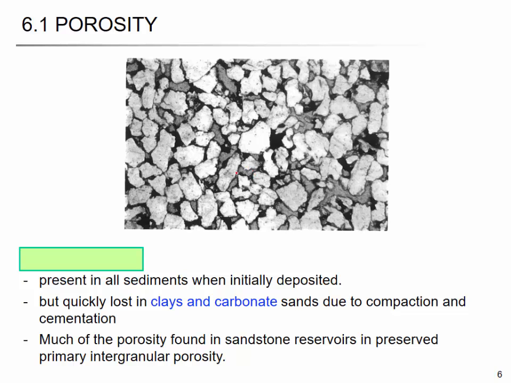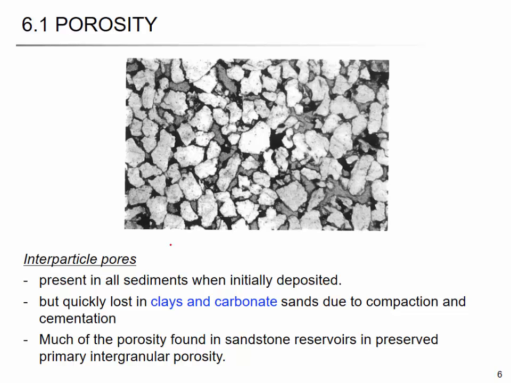First, I think it's primary pore. So first, the interparticle pore is the general pore that we can imagine. It's the same pore that we are talking about in the soil. And it's present in all sediments when initially deposited. So it's not cemented yet. It's just right after it's deposited.